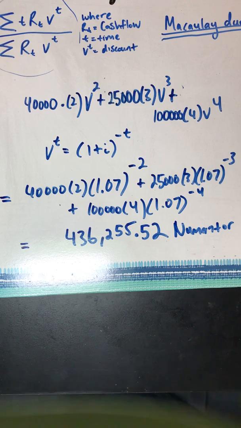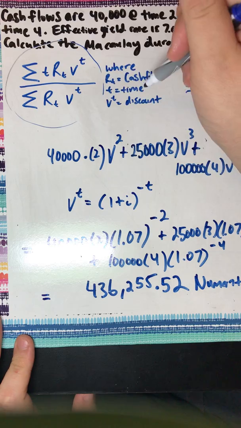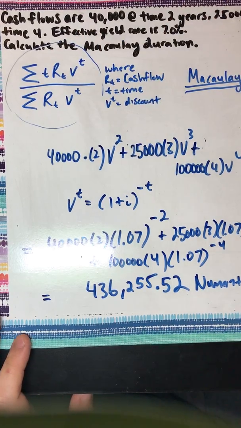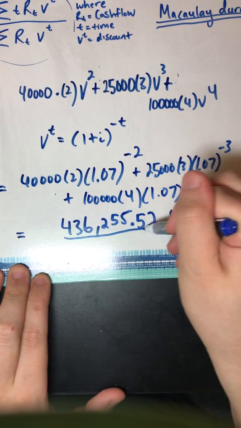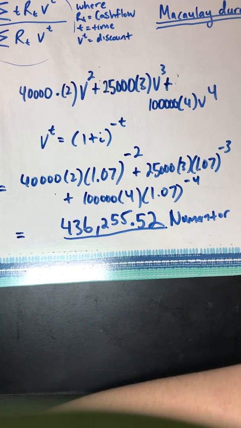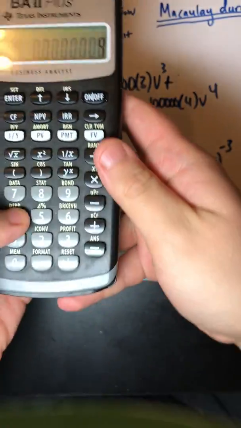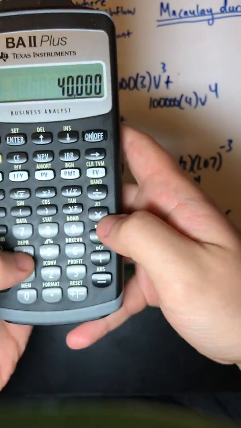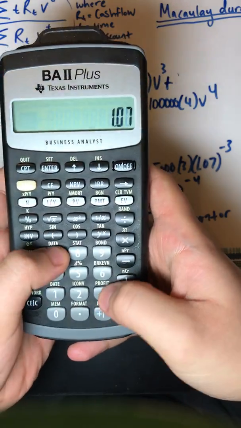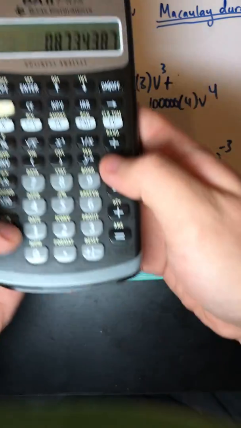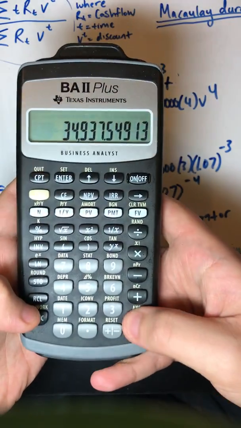Okay. Now we need to solve for the denominator, which does not include multiplying by t. So to do this, we just do the same thing without the t. We put in our calculator 1.07 to the negative 2 first, times 40,000 gives us this number.